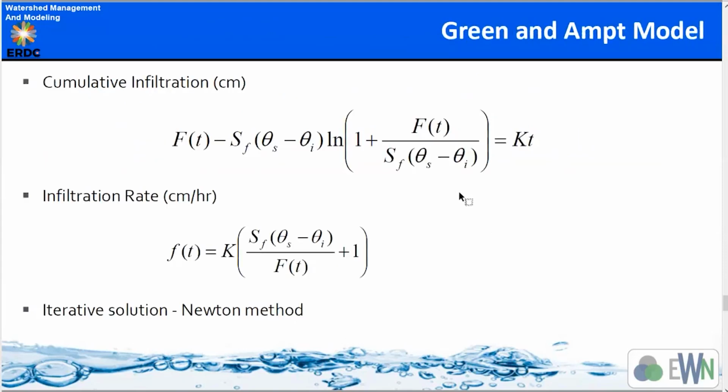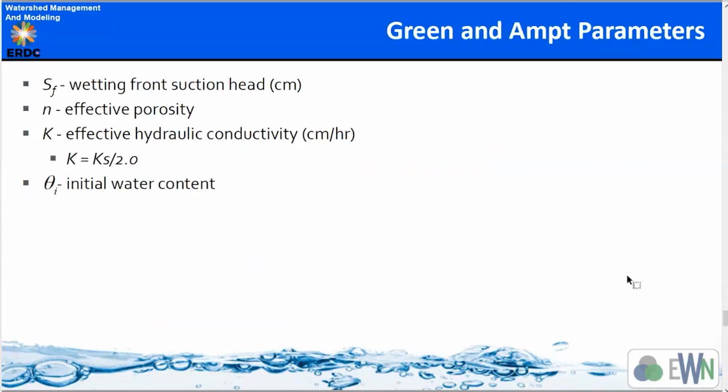And so the nice thing about Green and Ampt is it's a simple algebraic equation that's solved iteratively, the Newton-Raphson technique, very simple, very fast. That's the cumulative infiltration. This is the infiltration rate. And the Green and Ampt parameters that you need to specify in your model are this wetting front suction head, the effective porosity.